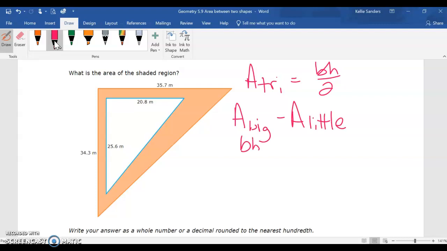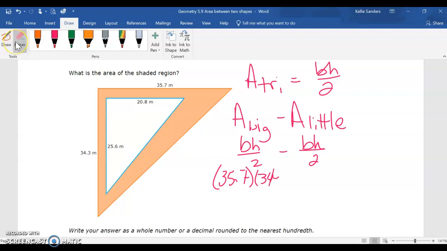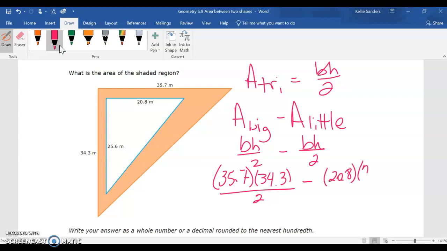The base is 35.7. The height is 34.3. Divide by 2 minus, the base is 20.8 and the height is 25.6, divided by 2.